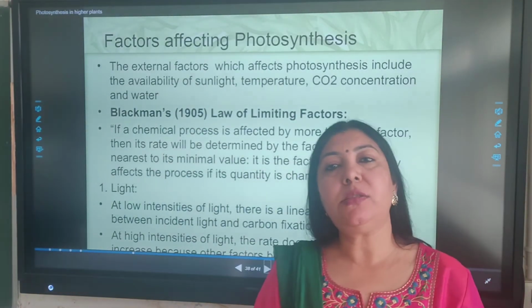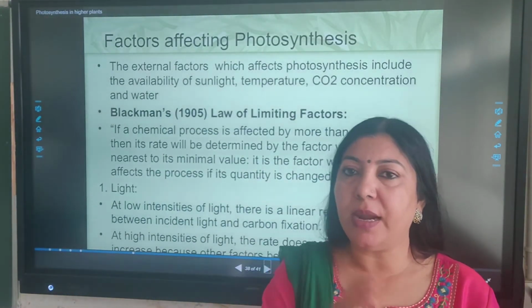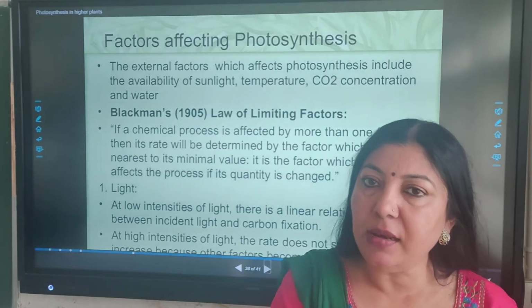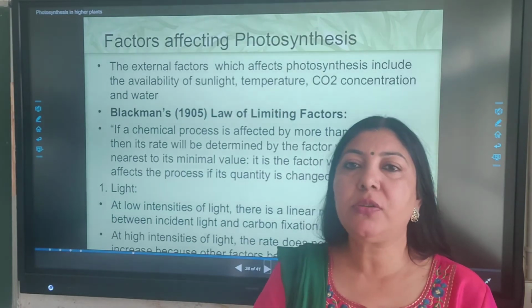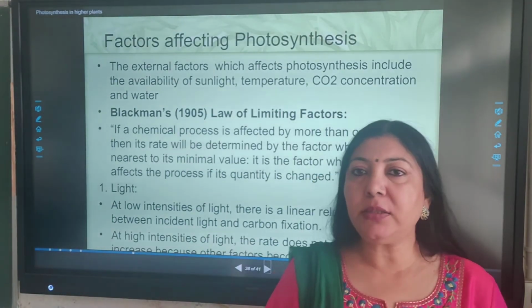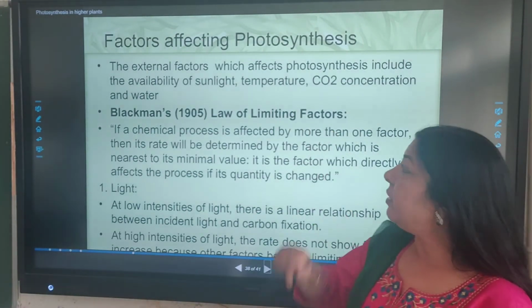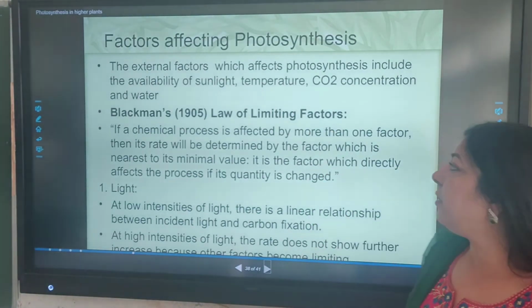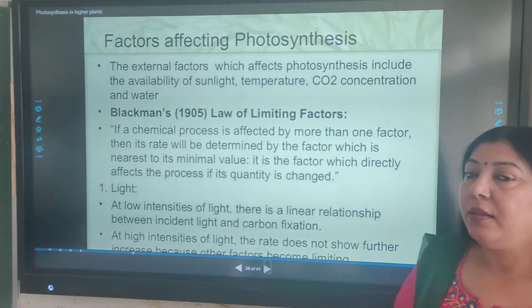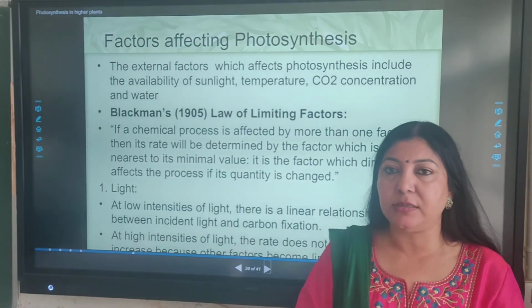So these were the two reactions, that is the C3 cycle, which is called the Calvin cycle, and the C4 cycle, which is called the Hatch-Slack pathway. Now the next topic is the factors which are affecting photosynthesis. So let us see what all factors are affecting the rate of photosynthesis.